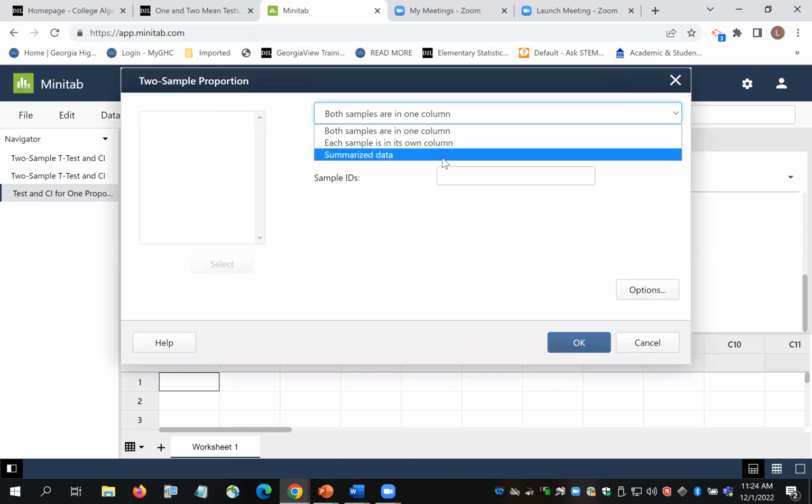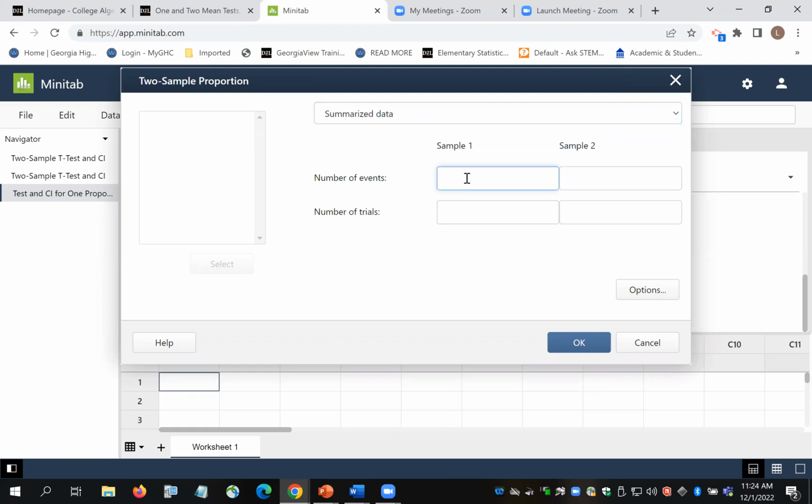Again, we have summarized data for sample 1, which was the boys. There were 87 out of 546 that were overweight. Sample 2 is the girls. There were 74 out of 508 that were overweight.